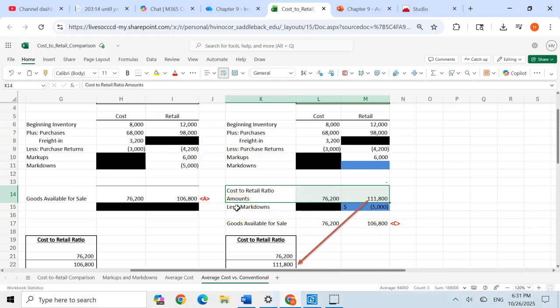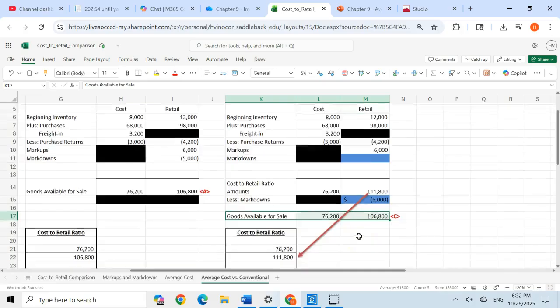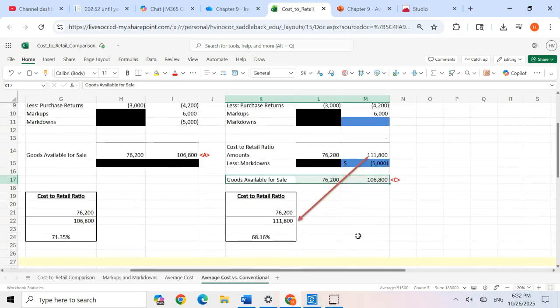We still have to account for the markdowns, which is the next row. And at this point, I'm going to lower my retail column, and my goods available for sale is now identical to the one under the average cost. It's just not the amounts used for the cost to retail ratio.